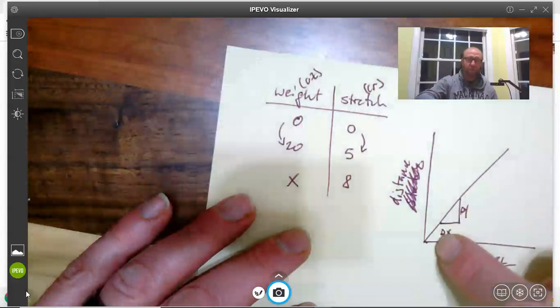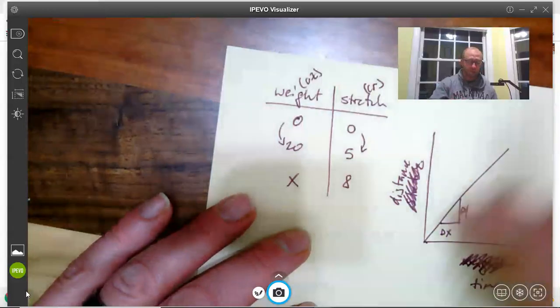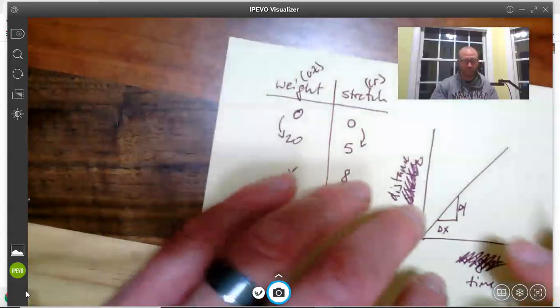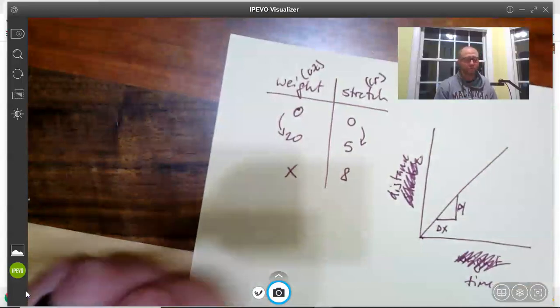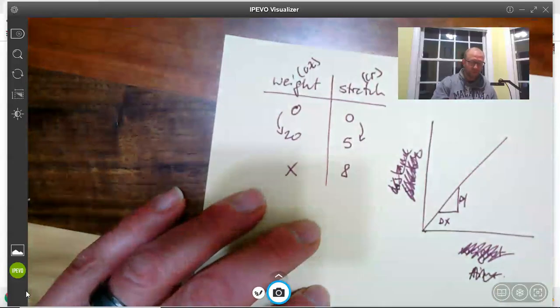Maybe it's miles per hour, or feet per second. It's a rate. How much the change in the y-axis is happening per unit of time change. Or we could make it different things. It doesn't have to be time and distance.